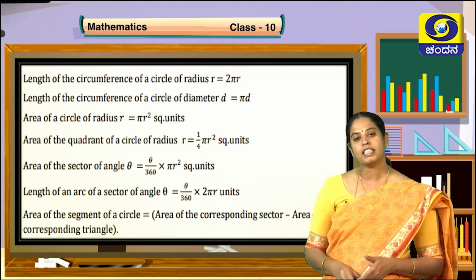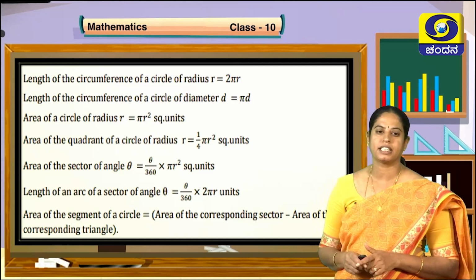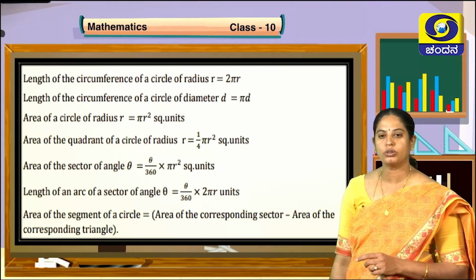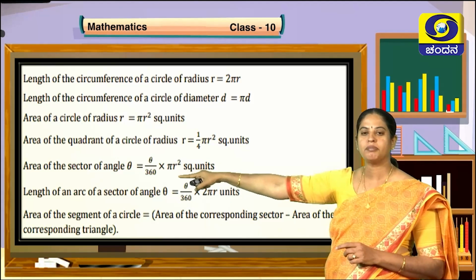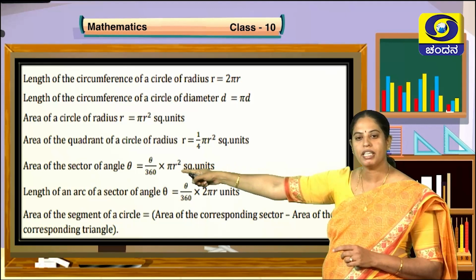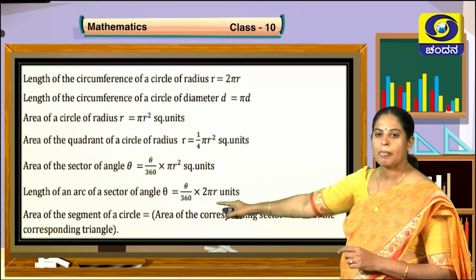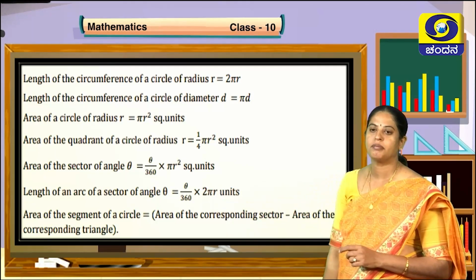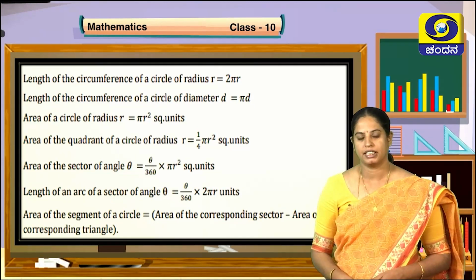Also, we can find the length of the arc that forms the sector, that is by using the formula theta by 360 into 2 pi r units. Here to find the area, we multiply theta by 360 by the area of the circle, that is pi r square. To find the length of the arc, we multiply theta by 360 by the perimeter of the circle or the circumference of the circle.